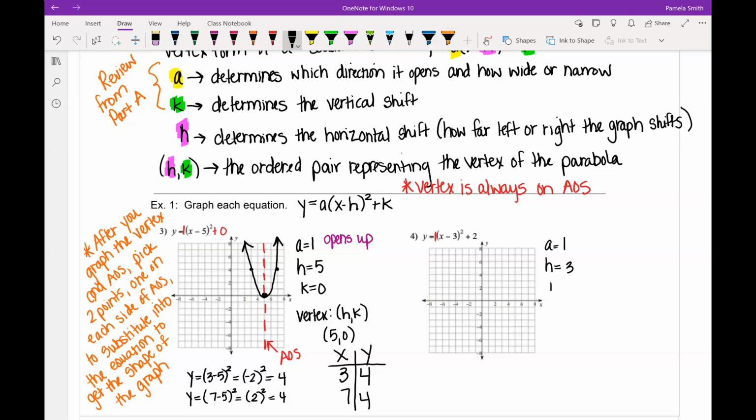And it's a plus 2 at the end, so k would be a positive 2. So what would be the ordered pair for my vertex here? If h is 3 and k is 2, what is my vertex? 3, 2.